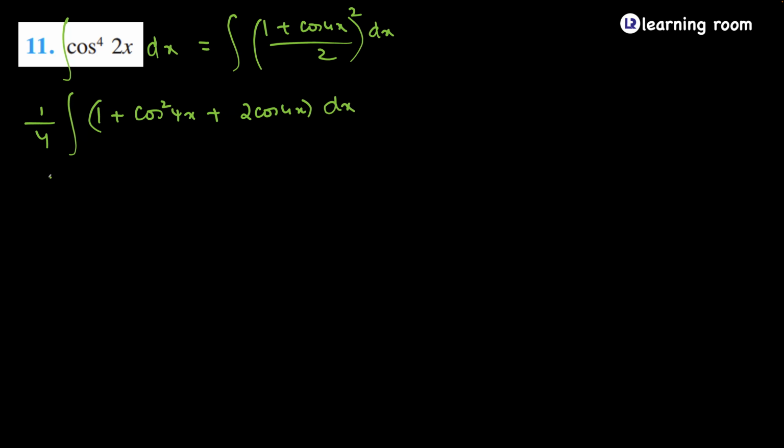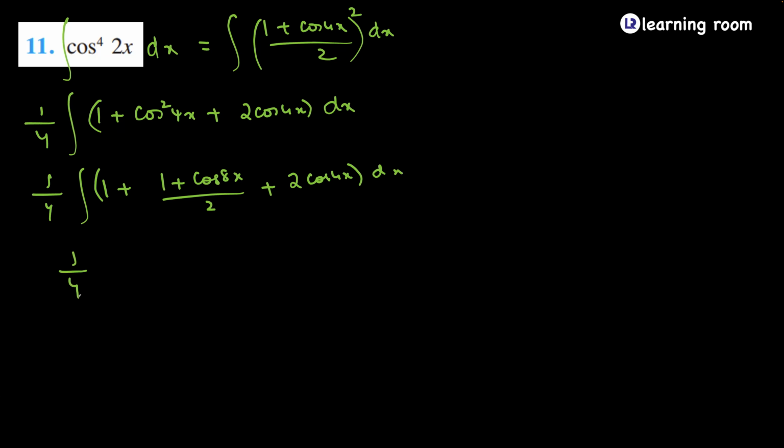Okay. So 1 by 4 into, see, I'm not integrating here itself. 1 plus, how can I write this cos square 4x as? I can write it as 1 plus cos 8x the whole divided by 2 plus 2 cos 4x times dx. So 1 by 4 into integral of 1 plus half is 3 by 2 plus cos 8x by 2 plus 2 cos 4x the whole times dx.